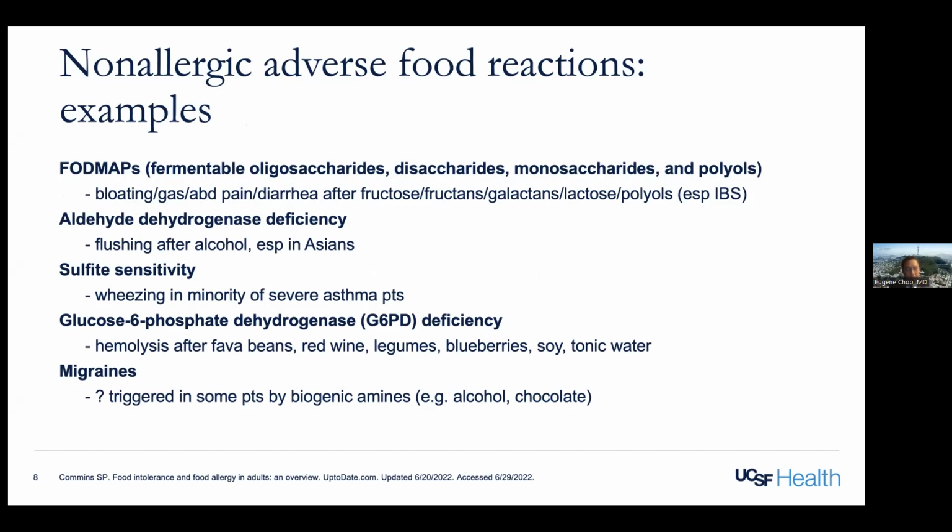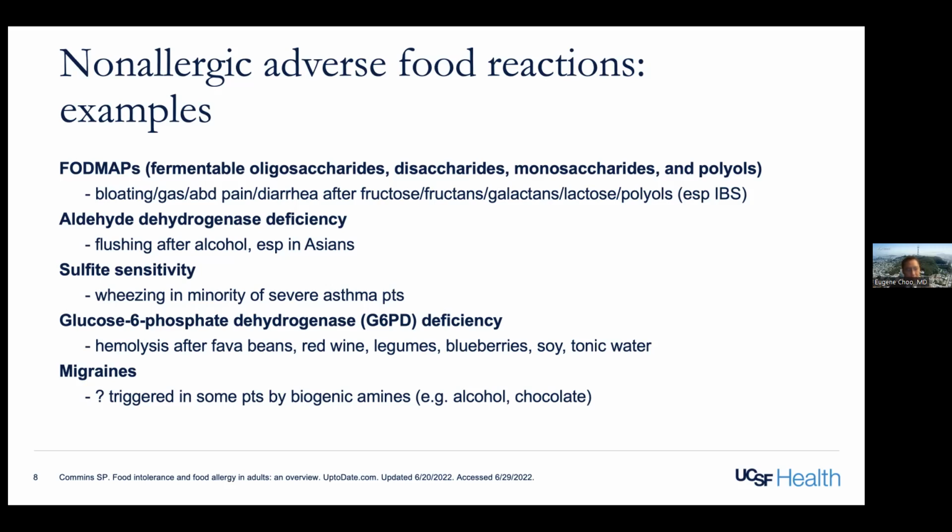And patients will present, oftentimes in the setting of irritable bowel syndrome, with a variety of very, very, I'm sure, familiar symptoms for your specialty: bloating, gas, abdominal pain, diarrhea, after a wide range of foods, fructose, fructans, galactans, lactose, polyols. This is something that patients will have real suffering from, but once again, it's not a food allergy, and it's really just the result of poor digestion, poor absorption.